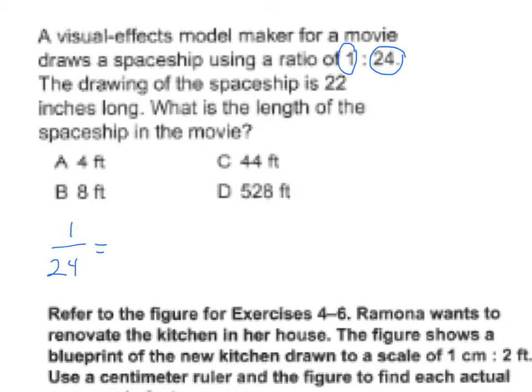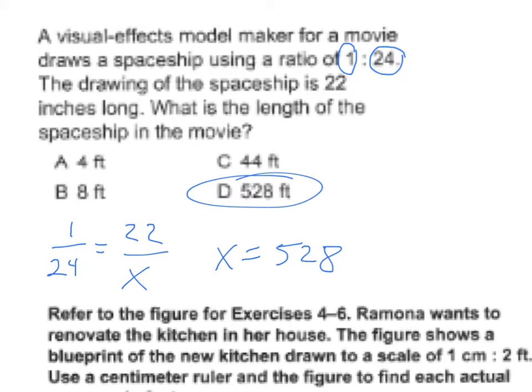So if the drawing is 22 inches, what's the actual length in feet? That we don't know. Well, we cross multiply. We end up with x equals 528 when we do that.